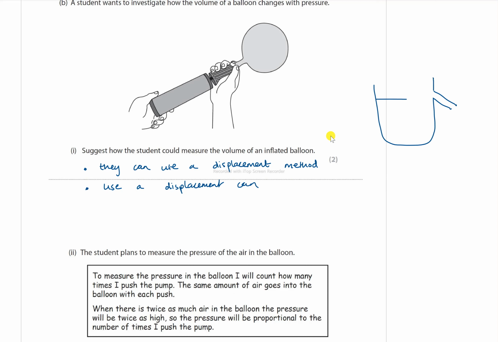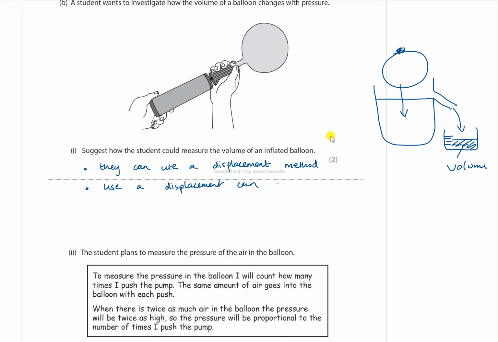You fill it up, you get your balloon, you force it down, and the volume there will be displaced. Then you get a measuring cylinder and measure how much water has come out. That will give you the volume of the balloon. We're assuming that it doesn't squash when you're pushing it down.